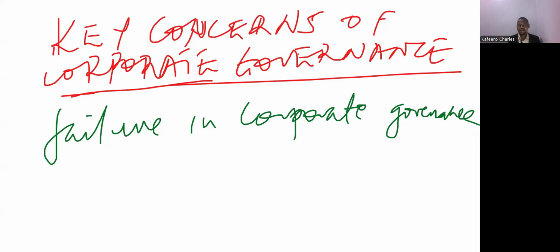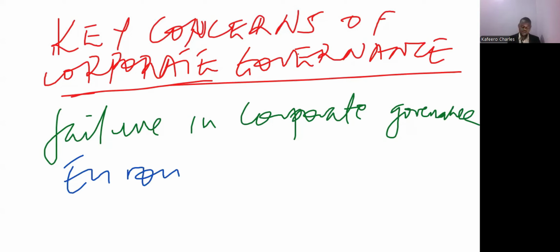They come and they close, but the main reason for their downfall is failure in corporate governance. A popular case, some of these are international companies, and we shall also have a few cases from here in Uganda. We have a company called Enron.